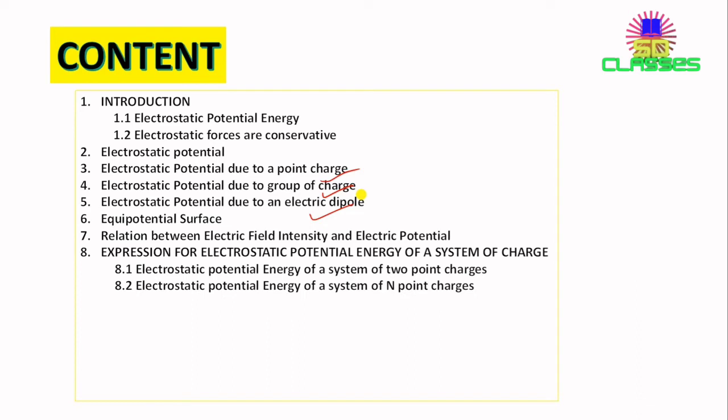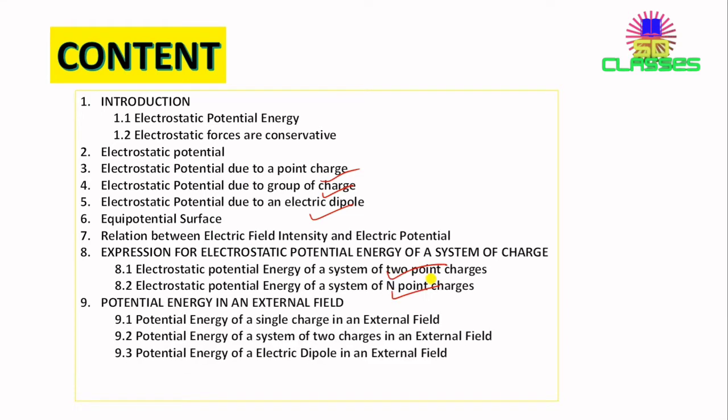Then we are going to find the expression for electrostatic potential energy for a 2-point charge system and then for an n-point charge system. At the end, we are going to find the potential energy when we place a single point charge, a system of 2 charges and an electric dipole in an external field.